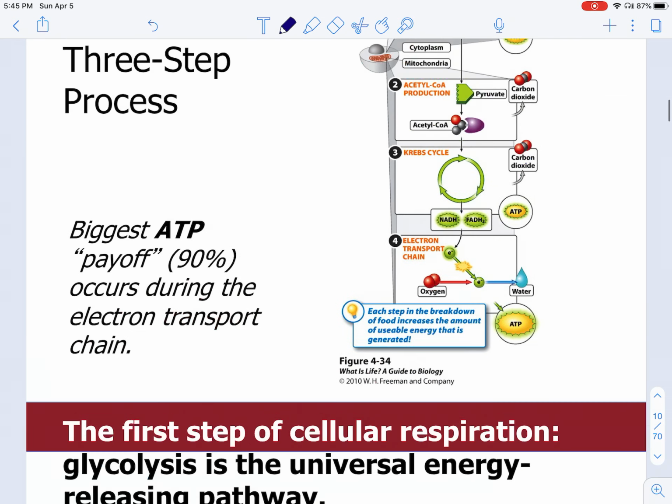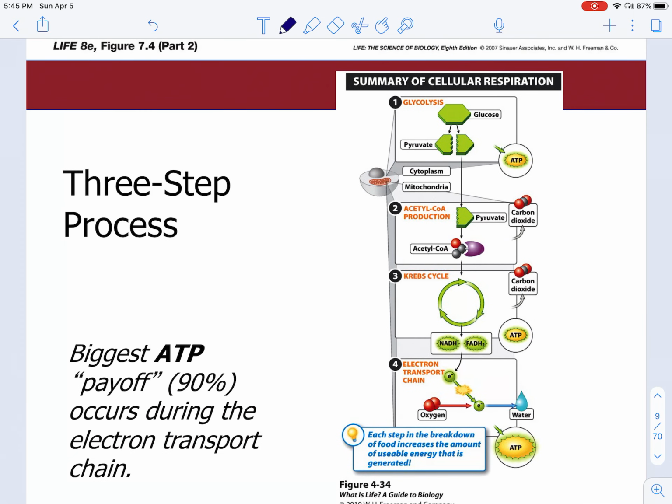And so this is an overview of the whole system. We can break it down into really four steps. There's glycolysis, the splitting of sugar. This occurs in the cytoplasm and it doesn't need oxygen.